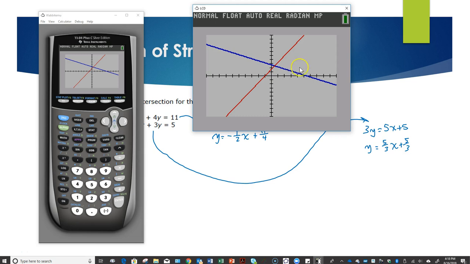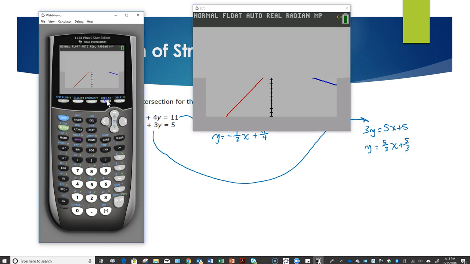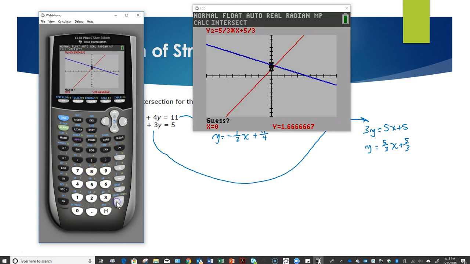Now, the problem is, if you were doing this yourself, you'd have to guess where this is, just looking at the graph. Luckily, I could just go to second, calculate, find the intersection, and just hit enter 3 times. And I can see that the intersection is at 1/2 and 2.5, or 1/2, 5/2.